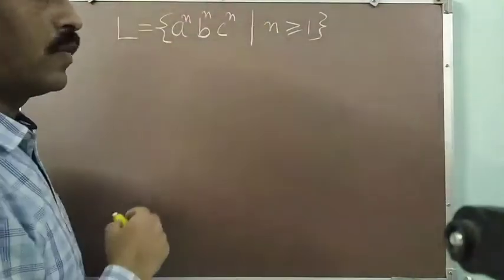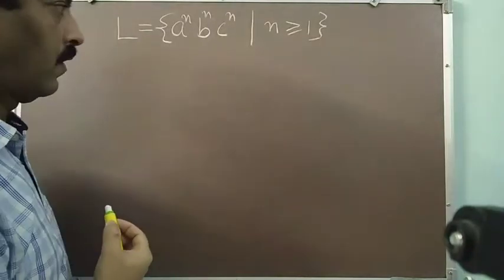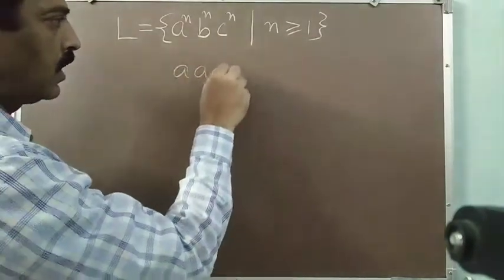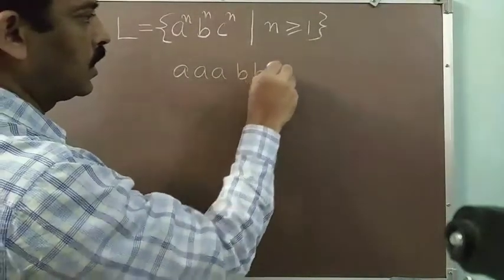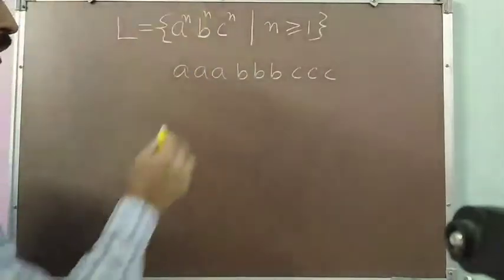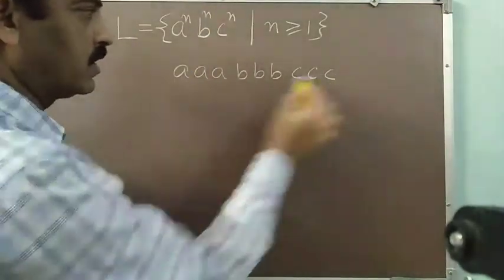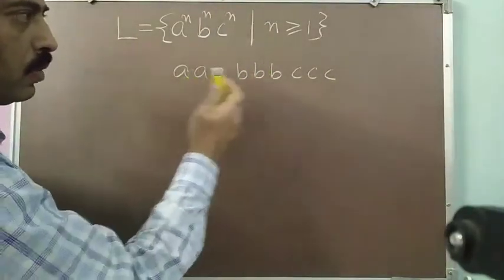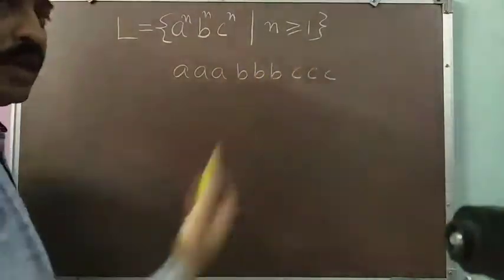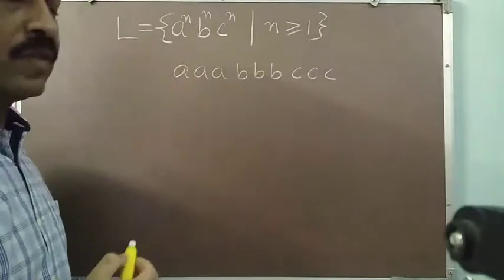So such kinds of words will be there in our language. For example, triple A, triple B and triple C. This will be a word in this language having equal number of A's, B's and C's. All A's come before all B's, which come before all C's, and C's come at last. So these will be the words.